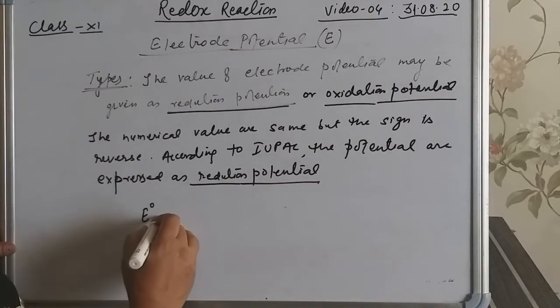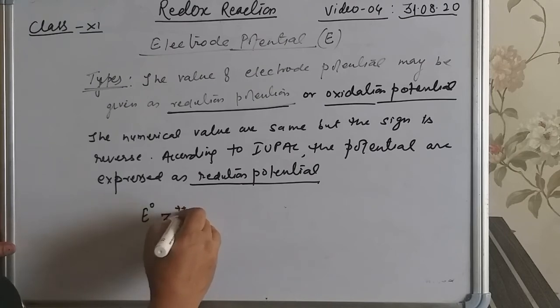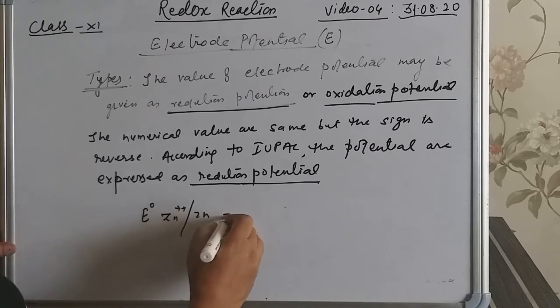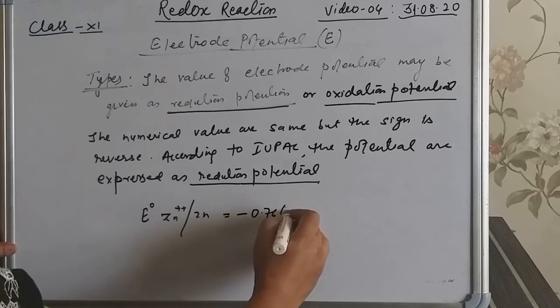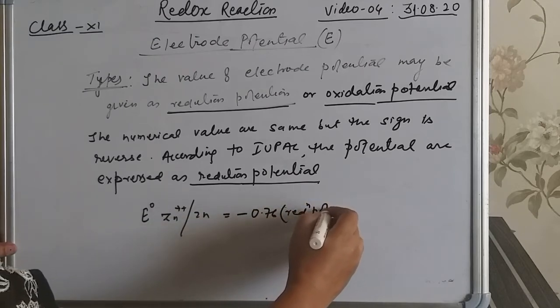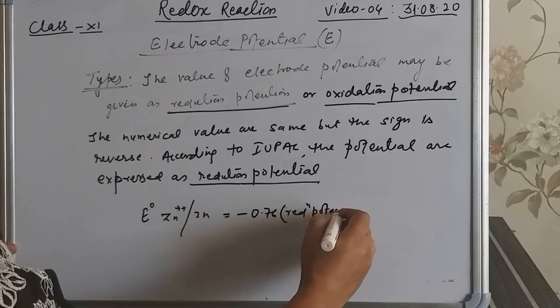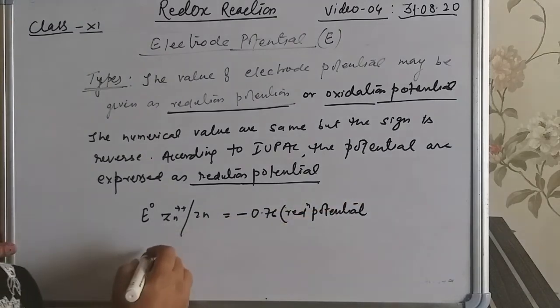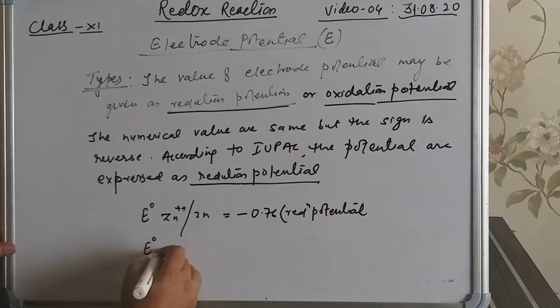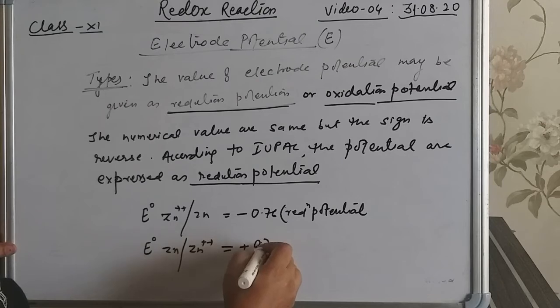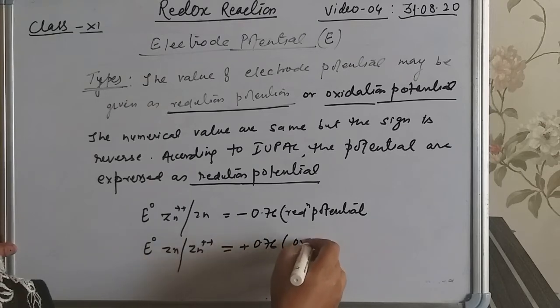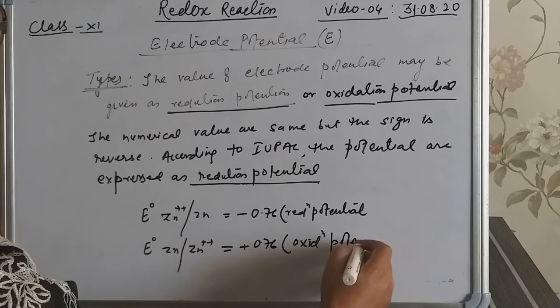So E naught of zinc ion to zinc, written as reduction potential, has the value minus 0.76, and it is called the reduction potential. And E naught of zinc to zinc ion has the value plus 0.76, and it is called the oxidation potential.